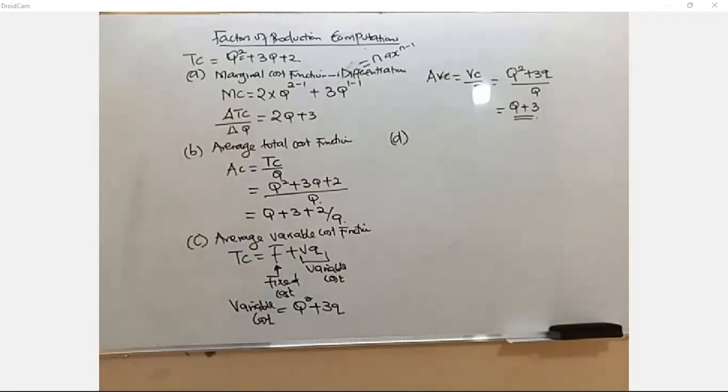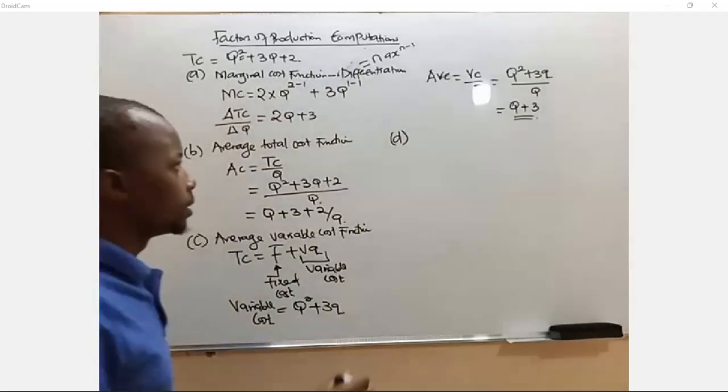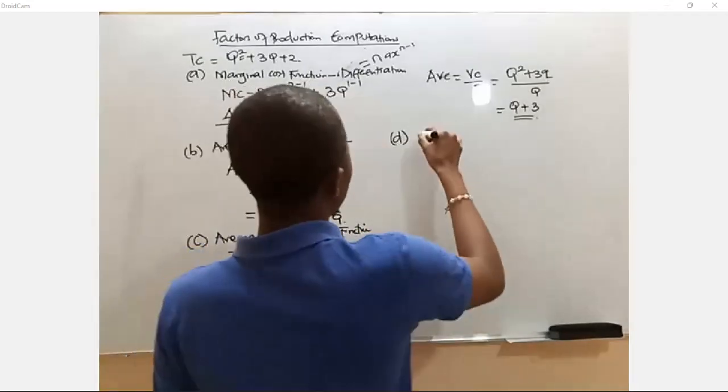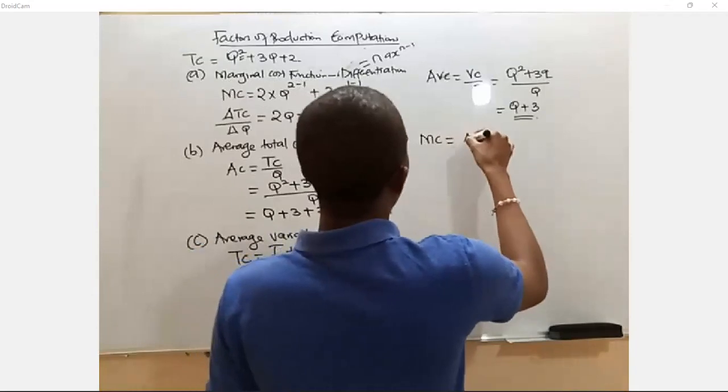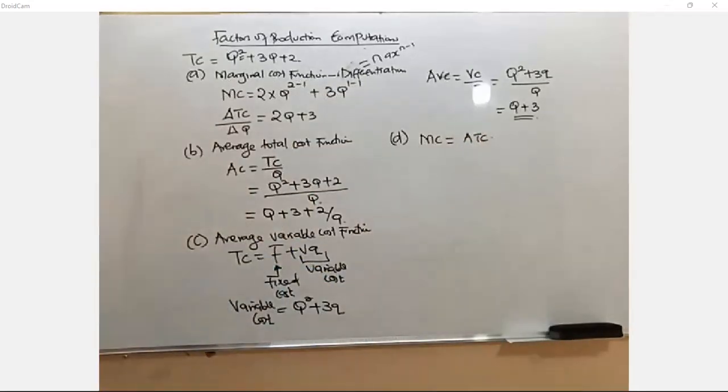Now I have said it in a very simple way. If you want to do this question, it is very important for us to say the change, which is our marginal cost, should be equal to the average total cost. The marginal cost will be equal to the average total cost, so we can see whether we can minimize the cost in the short run.